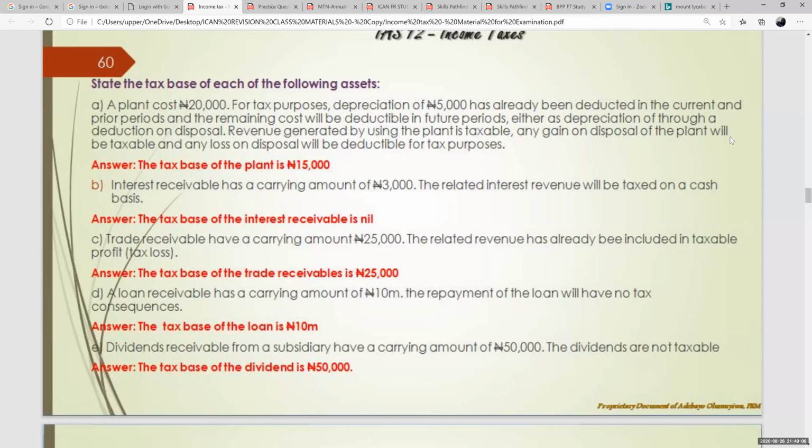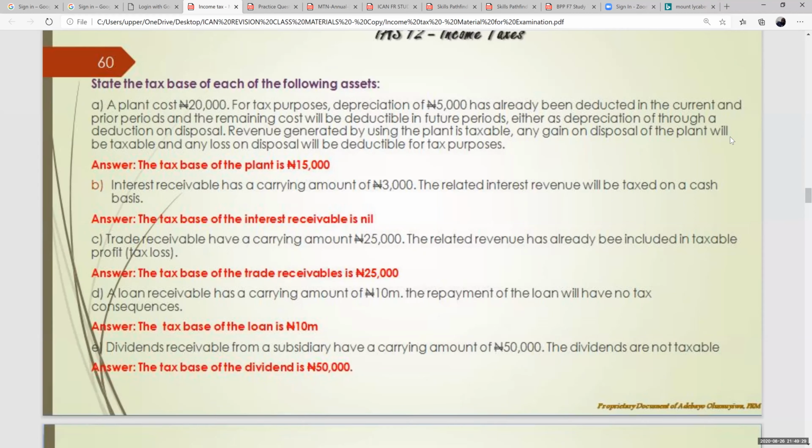For anything to be included in taxable profit means it has been allowed, whether as taxable income or allowed as deductible expense. Which then means that in that situation, the requirement of the tax law is in tandem, similar in treatment with what financial reporting requires. In that case, there won't be a tax temporary difference.